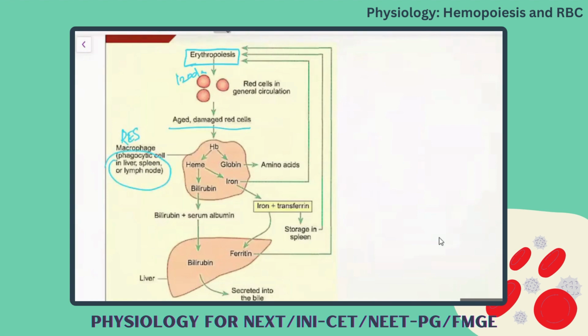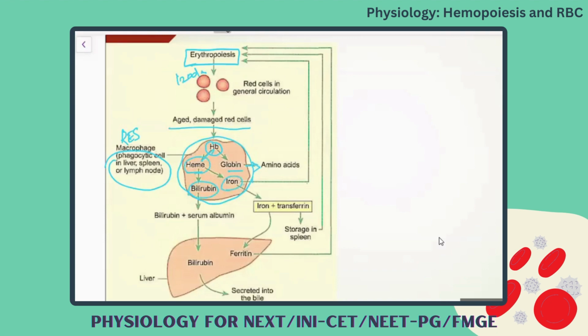Inside the RBC you have hemoglobin. This is split into heme and globin. This globin is an amino acid which enters into the circulation and is utilized for other purposes. And this heme is further split into bilirubin and iron.